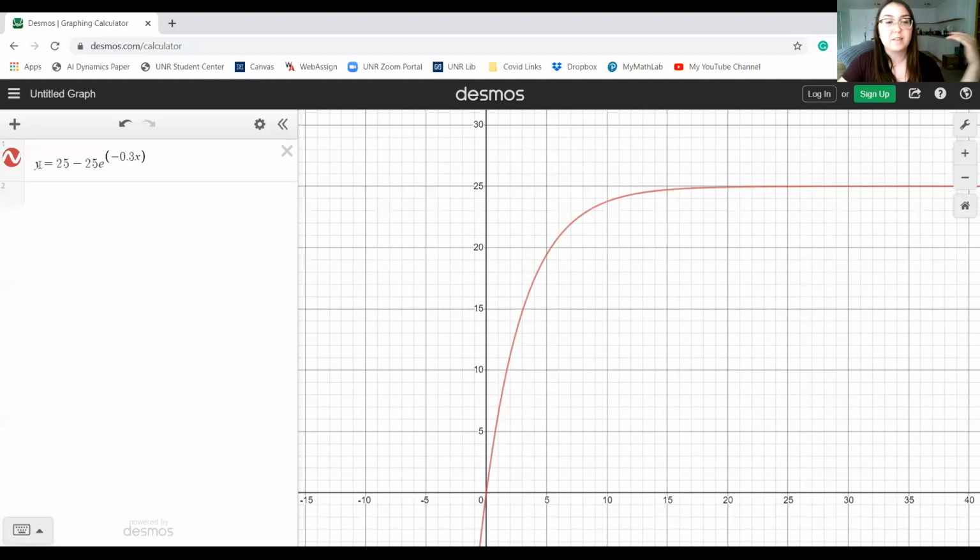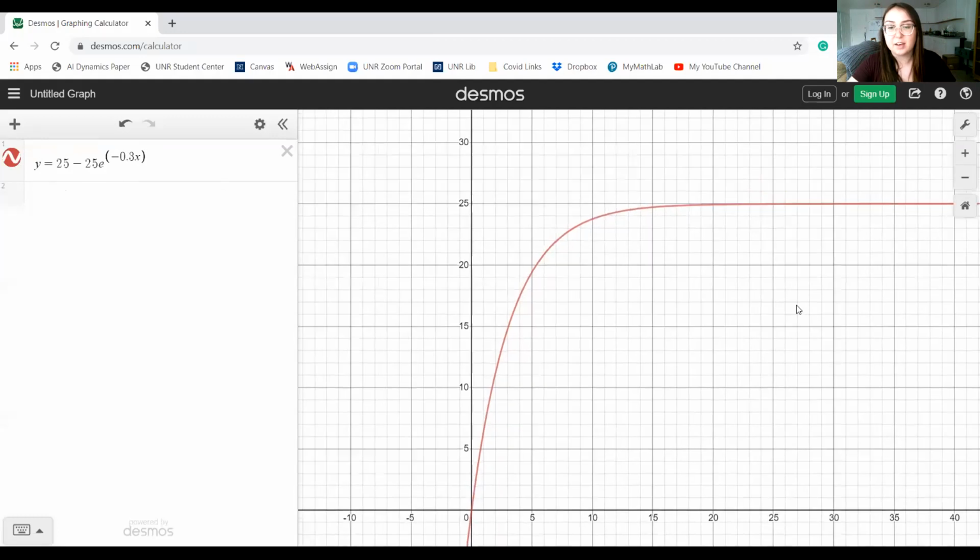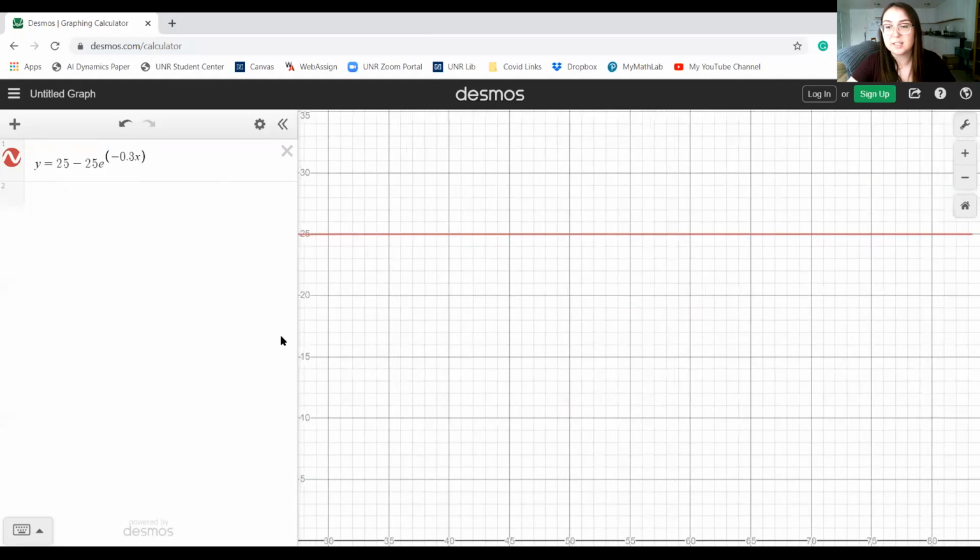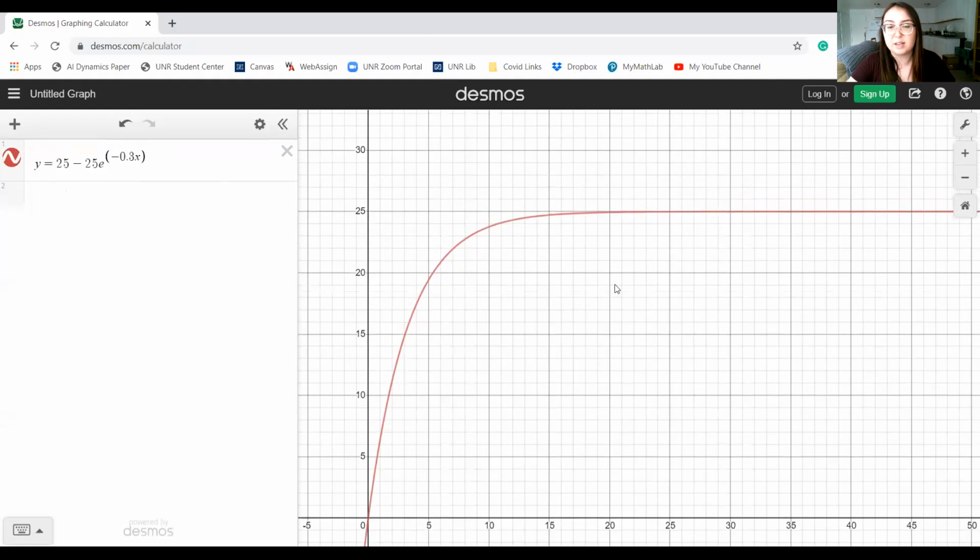All right, so we have graphed our equation here. We have y is equal to 25 minus 25 times e to the power of negative 0.3 times x. In this case, we have x and y instead of f of t and t. This is just because Desmos really likes the terms x and y. So we have this graphed here, and we see that it definitely levels off around the value of 25.